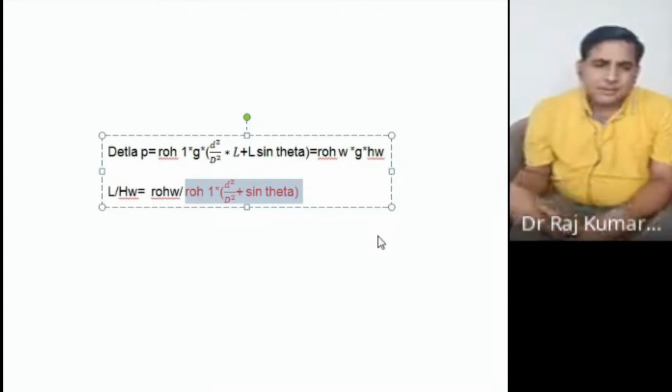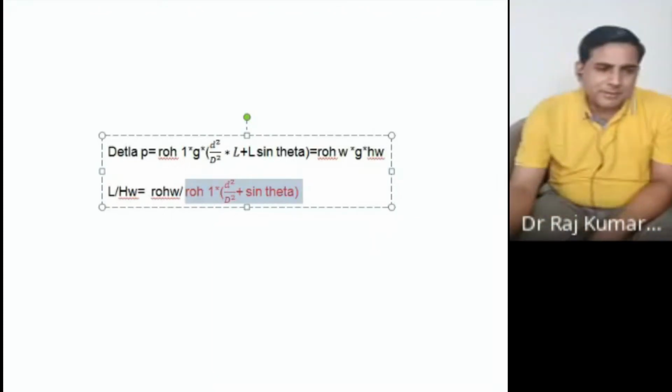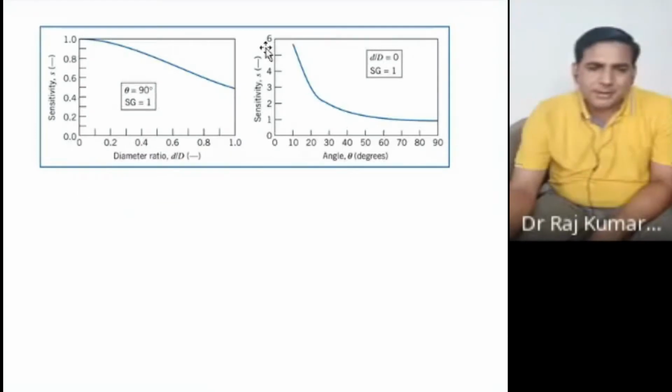Okay. So this way you can increase the sensitivity, and this is the graph here. This is the graph of how the sensitivity would change on changing the diameter. So these are the diameter ratios. Here this has been taken for theta equal to 90 degrees, a vertical column, and you can change the theta also.